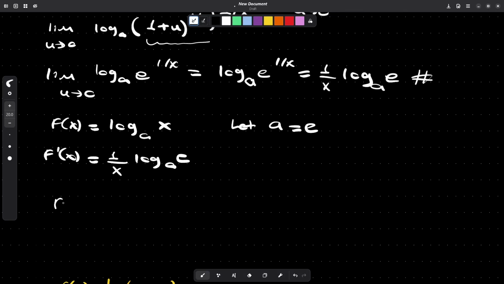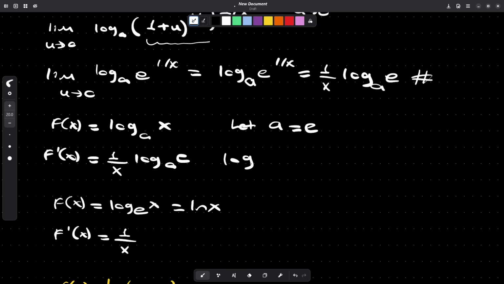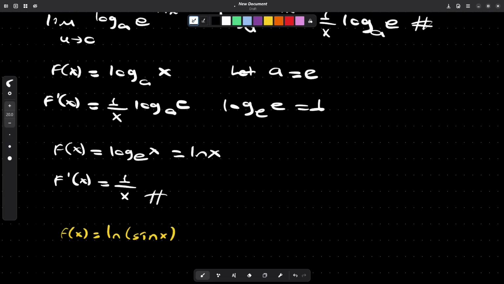From here, f(x) will be log base e of x, ln x. The derivative of f will be 1 over x, which will not change. Here's my e, log base e of e is equal to 1, so f'(x) will be 1 over x for ln x. In other words, if we have ln x and we want to differentiate this, we will differentiate inside of it first, and then we will divide it by the inside of it.